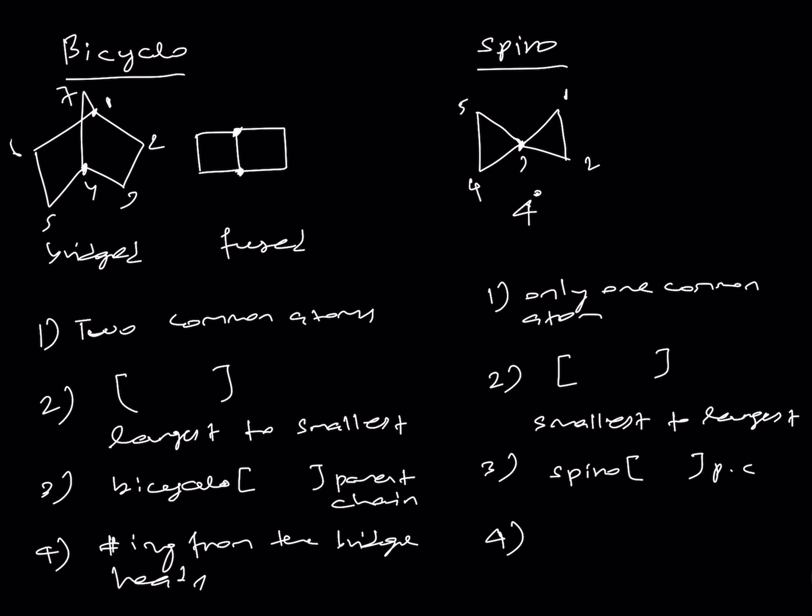You can either go clockwise or counterclockwise. So numbering in this case starts adjacent to the 4-degree carbon. So let's keep this in mind, and let's work on a few examples.